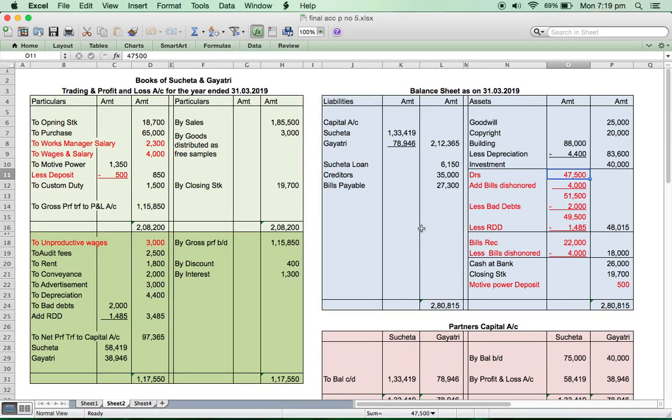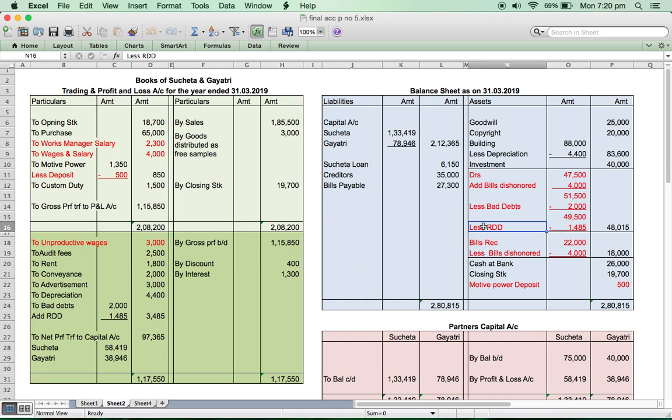Debtors we have written in the inner column. First of all, we add the bill dishonored, which is 4,000. This is the subtotal, 47,500 plus 4,000. From this we reduce the bad debts first. So we have reduced 2,000 from this. The remaining amount is 49,500.